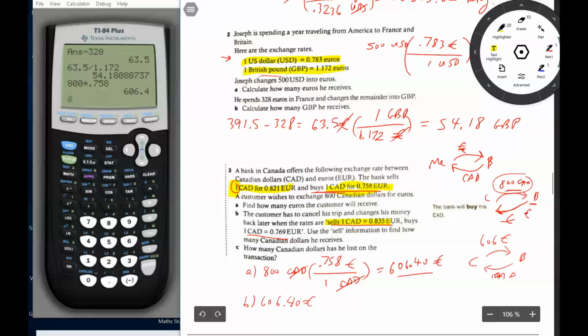Okay, so the bank is selling Canadian dollars, so that's why it says use the sell information. So we're going to multiply 606.40 times a fraction here. We're going to have to put euros on the bottom, 0.835 euros, and we're going to put 1 Canadian dollar on top.